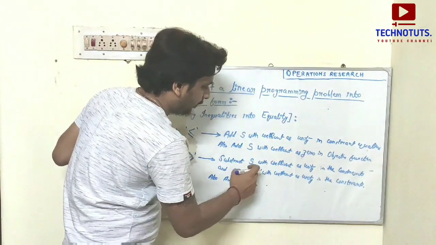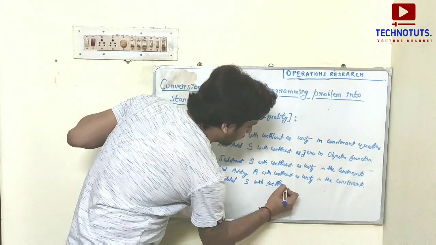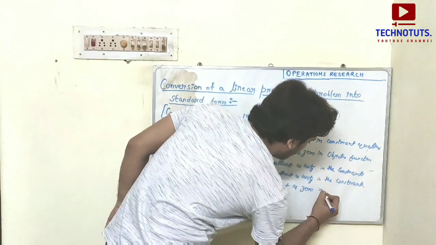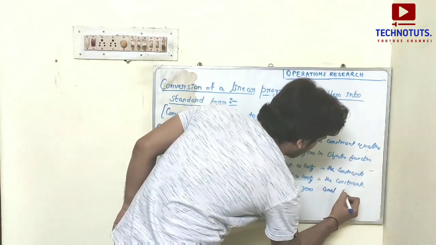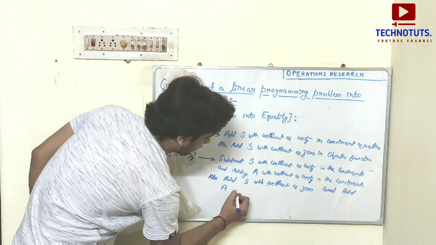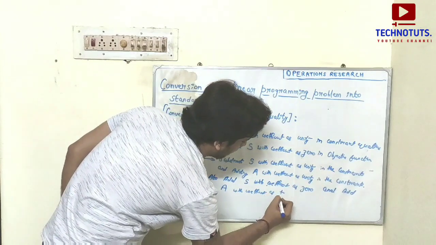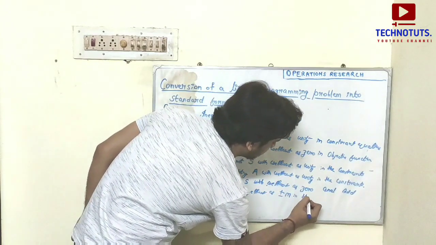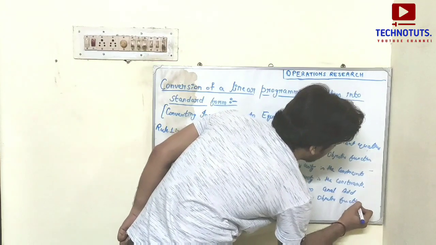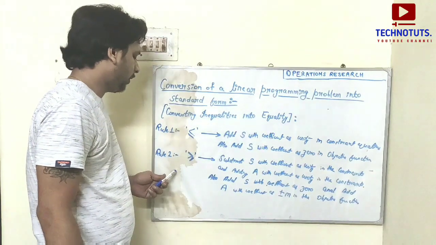You have to add the slack variable s with its coefficient as 0 in the objective function, and add the artificial variable a also with its coefficient as plus minus M in the objective function.